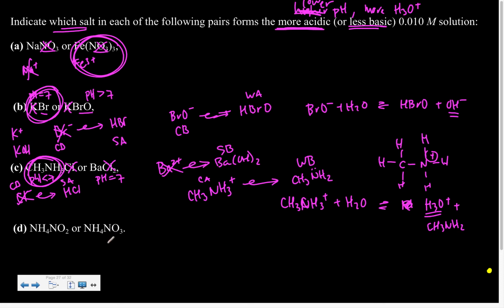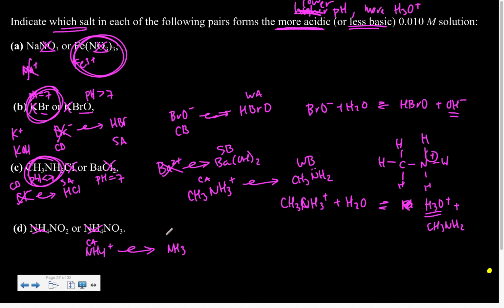All right, here, finally, we have NH4, so that part's going to be common, which means that's definitely not what we're comparing. By the way, same analysis here. So NH4+, the cations are going to be the conjugate acids of some base, meaning the deprotonated form would be NH3.